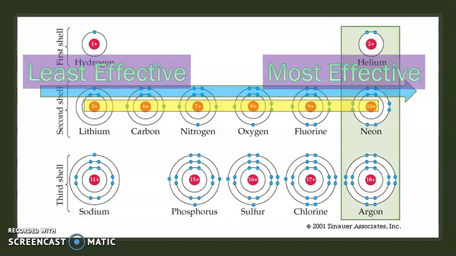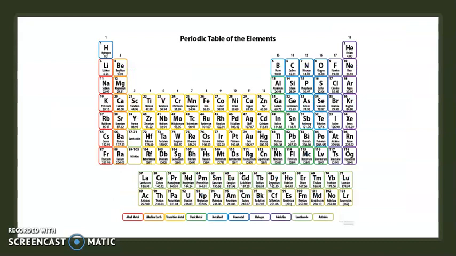So again, neon is most effective and lithium is least effective. So when we're taking a look at the periodic table, it's important to keep these in mind as we're explaining other trends, because now this can be linked to atomic size, atomic radius. It can also be linked to ionization energy. You need to think about the power of the nucleus pulling in those electrons.